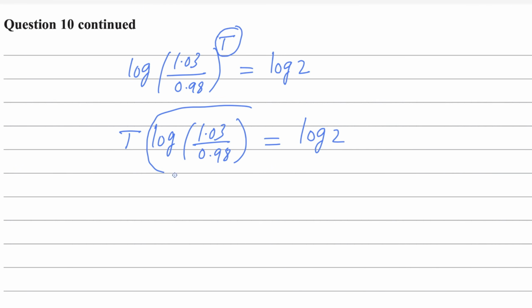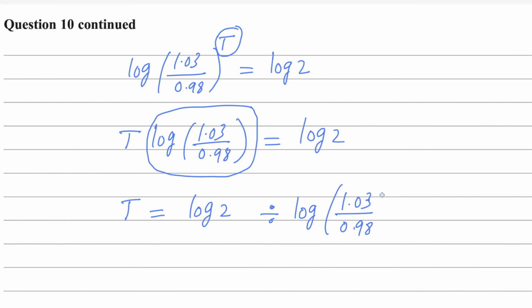Because this one is multiplying here, it will divide to the other side. T is equal to log 2 divided by log of 1.03 divided by 0.98. Use the calculator to get the answer. The answer to one decimal place will be 13.9.